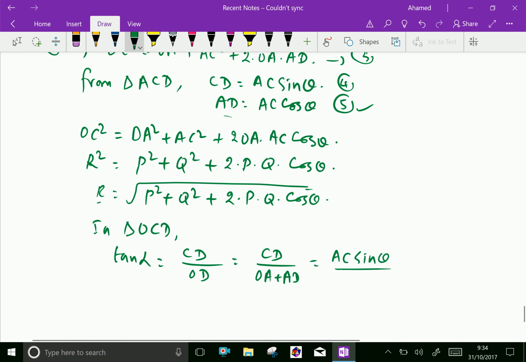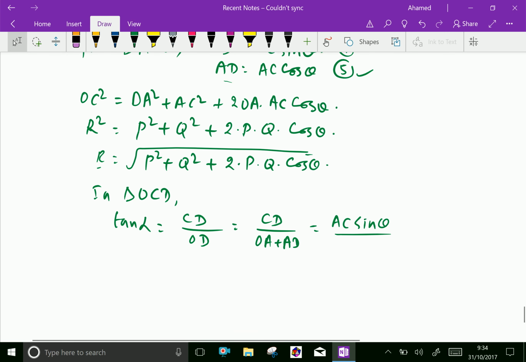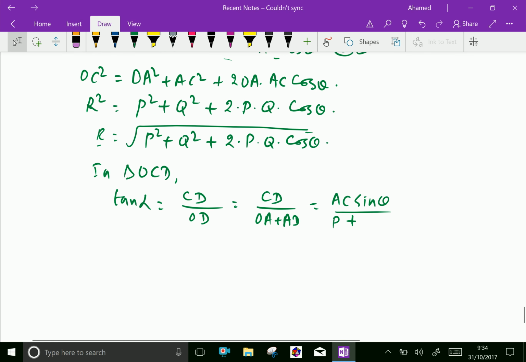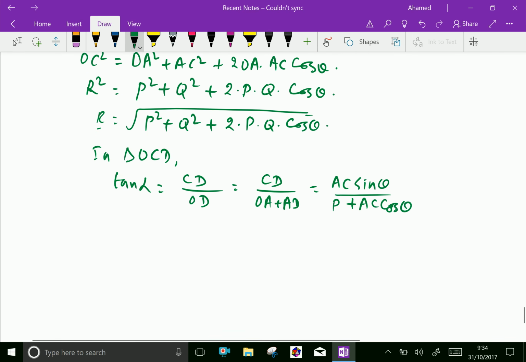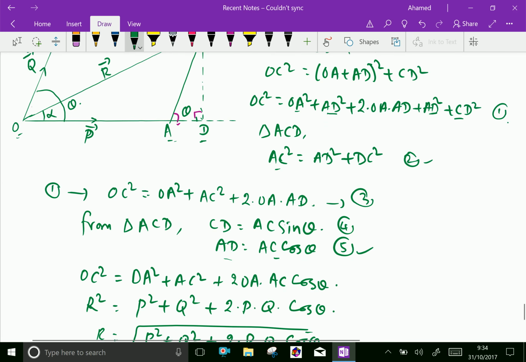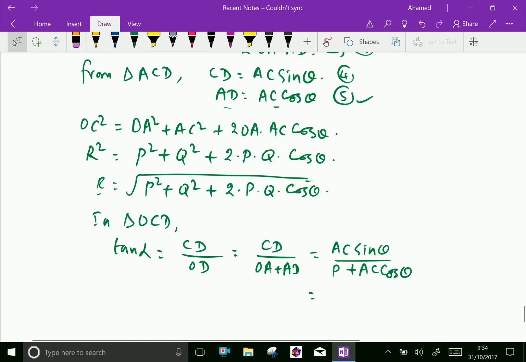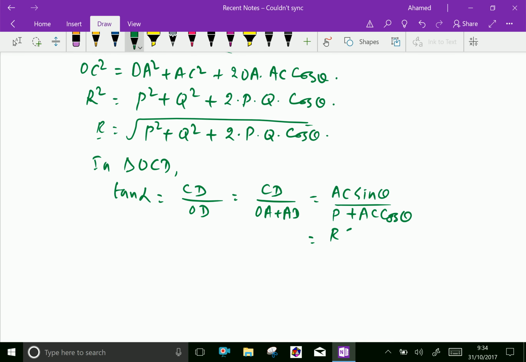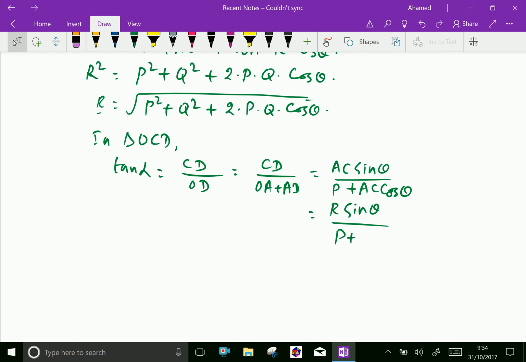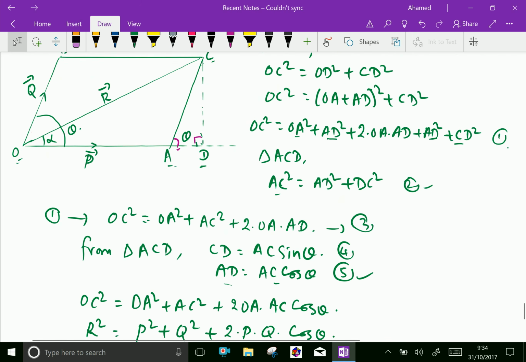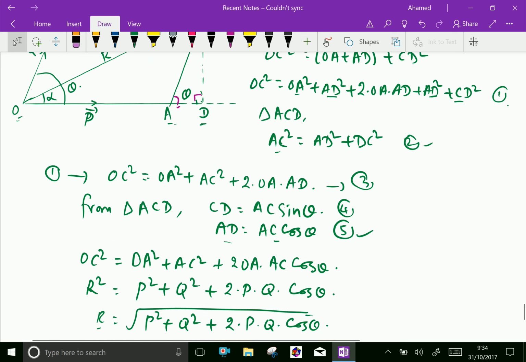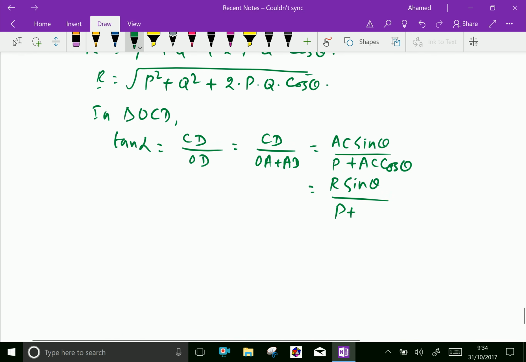Over OA, which equals P, and AD is AC cos theta. Further, AC is the resultant R sin theta over P plus AC, which is Q cos theta.